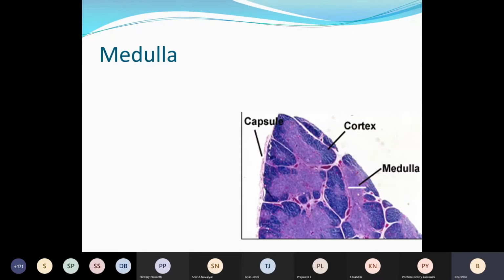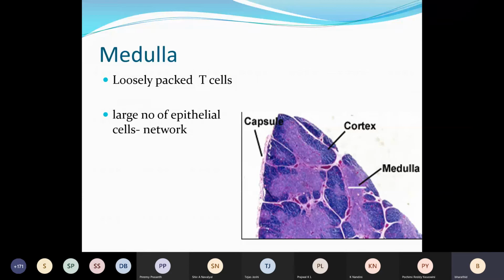So I was telling you about the medulla. The medulla has loosely packed T cells, and it has a network of epithelial reticular cells or epitheliocytes, which form a mesh in the medulla.